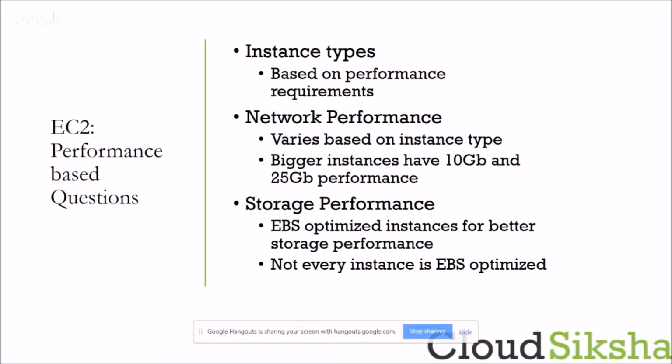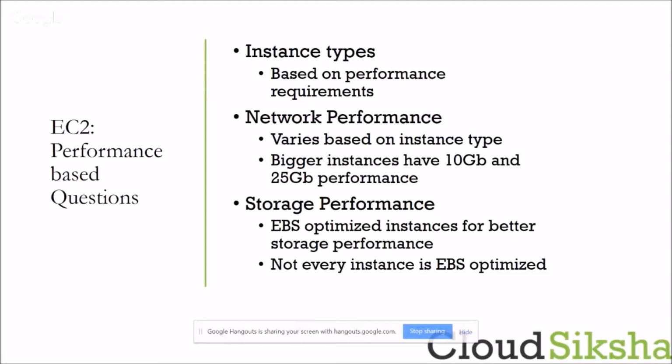So the answer could be like, take a bigger instance. A bigger instance would generally have a 10 Gbps performance or a 25 Gbps performance. So that's an important aspect that you need to look at when you're talking about network performance. The instance type has a bearing on the network performance. These sort of questions come up quite regularly in the exam.